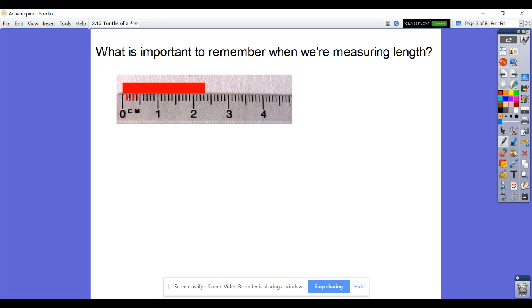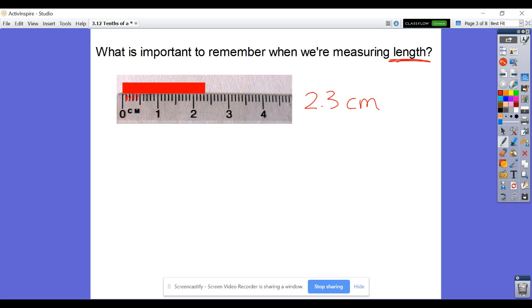My first question of the day, though, is if we're measuring with a centimeter ruler, or measuring with any ruler, what's important to know when we're measuring length with a ruler? So if I'm measuring this red line, I could see that's 2 and 3/10, 2 and 3 tenths centimeters.